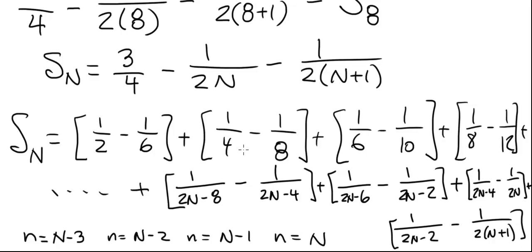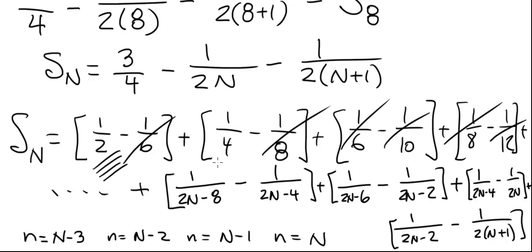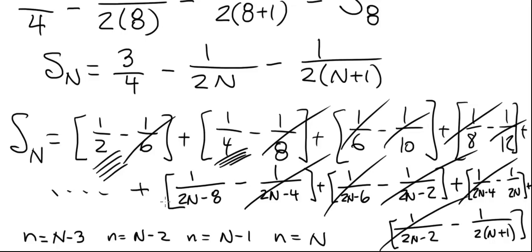So once again, minus 1/6 and 1/6, minus 1/8 and 1/8, all the terms will cancel except this 1/2, the 1/4, and over here we have 1 over 2n minus 4 cancels with positive 1 over 2n minus 4, and then here 2n minus 2 will cancel with 1 over 2n minus 2. 2n minus 6 will cancel with the term before that, 1 over 2n minus 8.